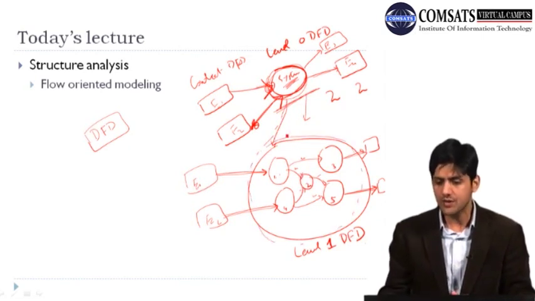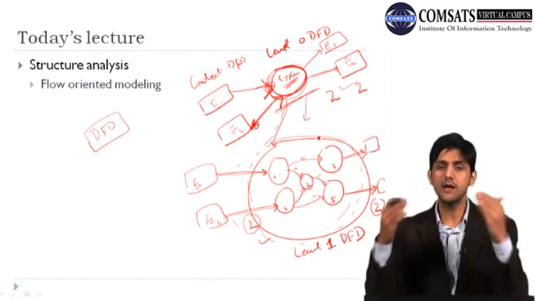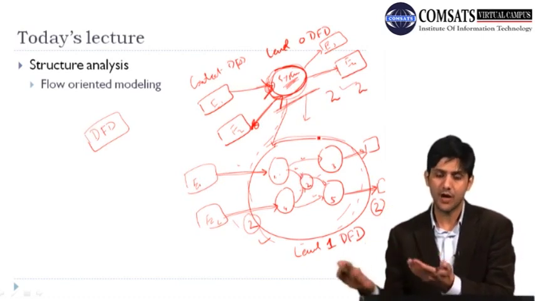Now I would look outside the boundary of the system, and again there are 2 inputs and 2 outputs. So I would say that this is a balanced DFD, because the number of inputs that were there in a higher level are the same in this lower level, and the same is the case with the number of outputs.